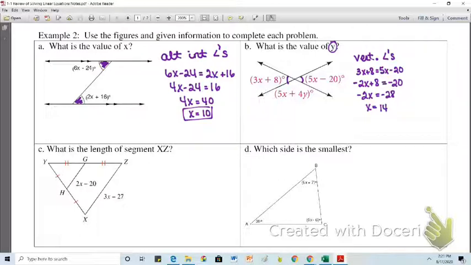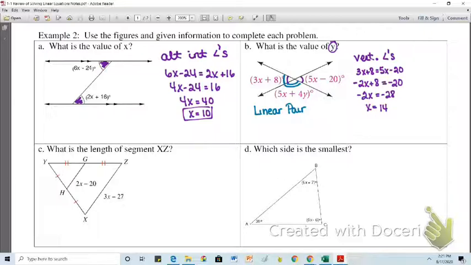So the next thing I need to look at is how this angle and this angle are related. Those two angles together form what we call a linear pair. A linear pair is simply two angles that are next to each other that make a straight line, which is where we get the term linear pair.